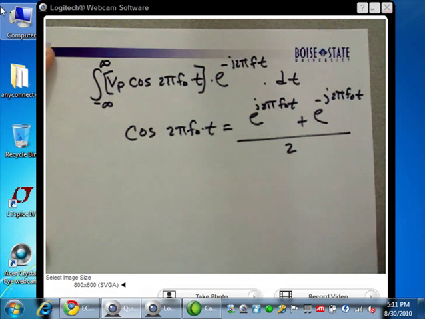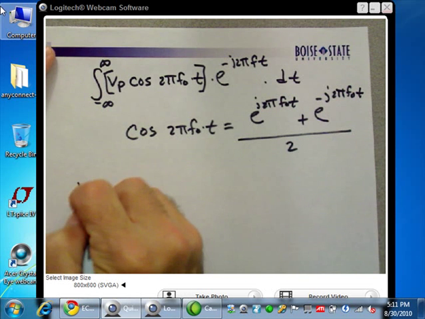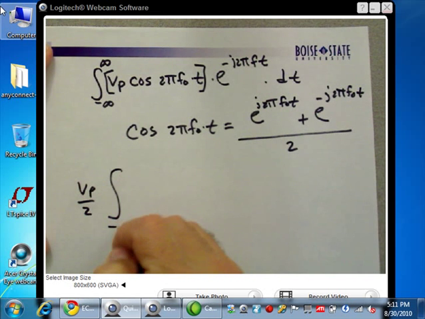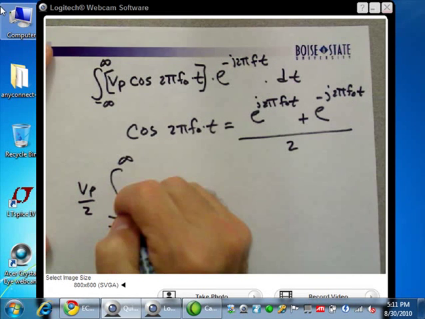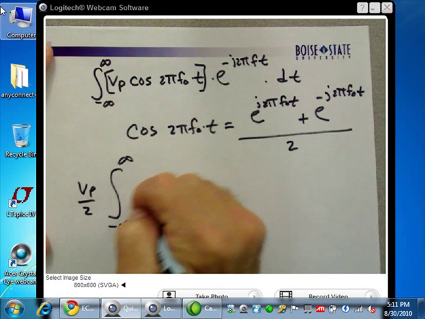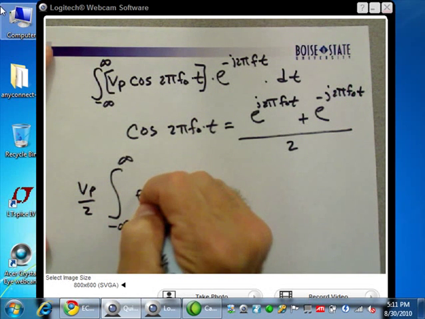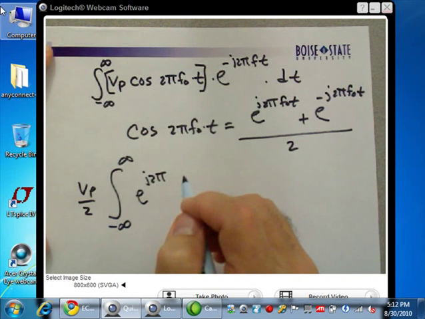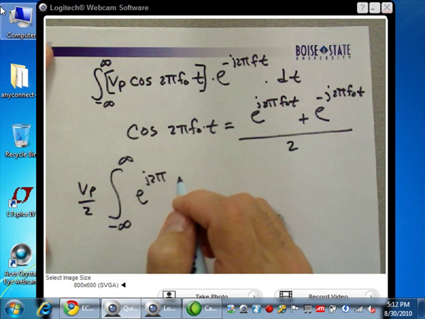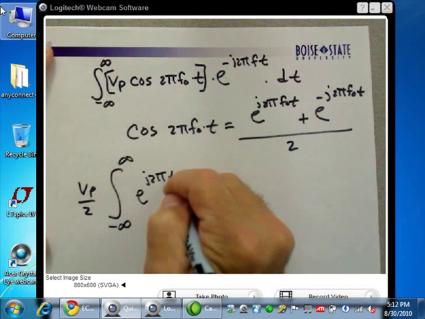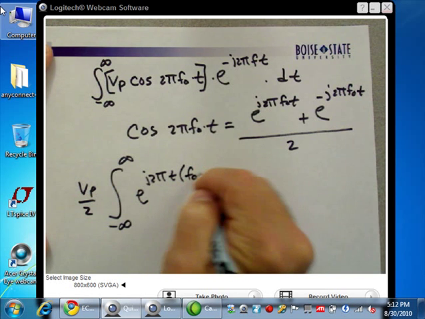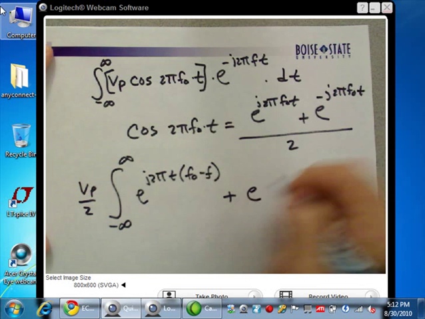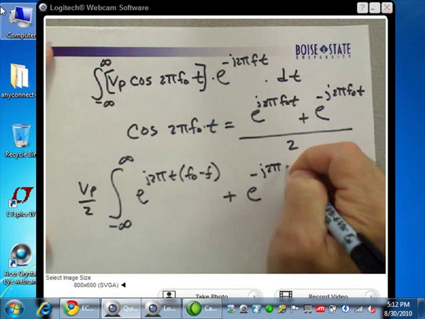Okay, so now I plug this in here and I get Vp over 2 times the integral from minus infinity to infinity of e to the j 2 pi t (f0 minus f) plus e to the minus j 2 pi t (f0 plus f).